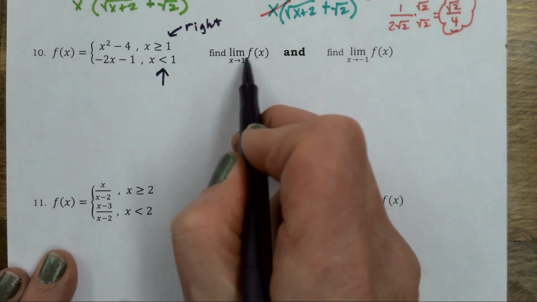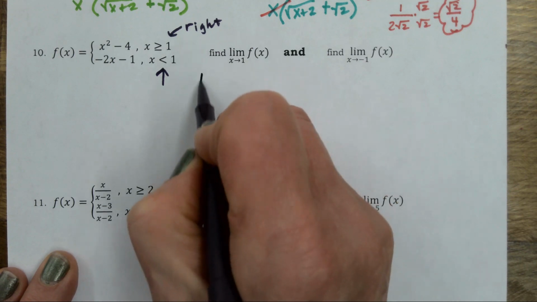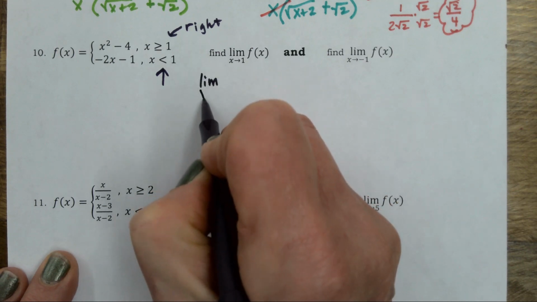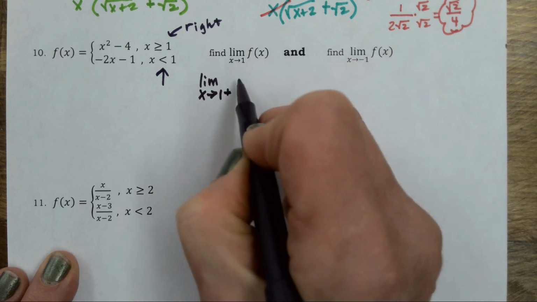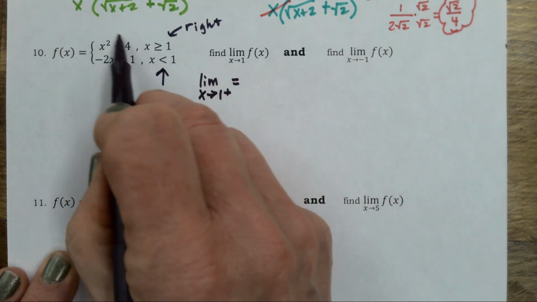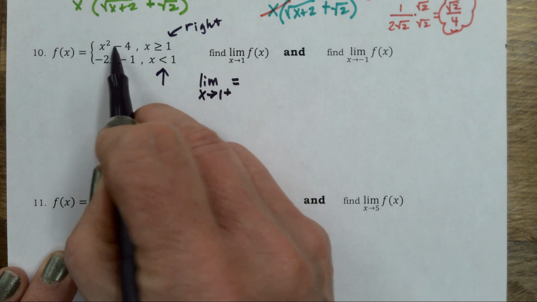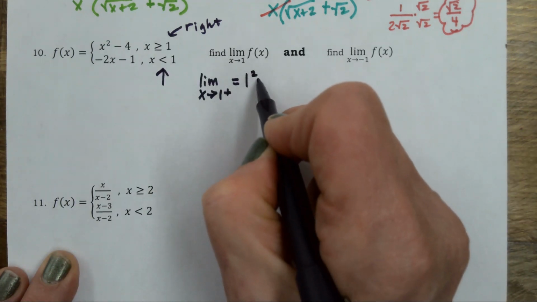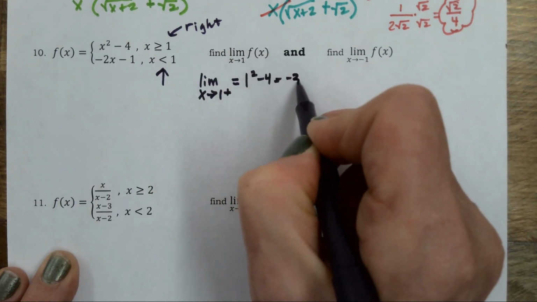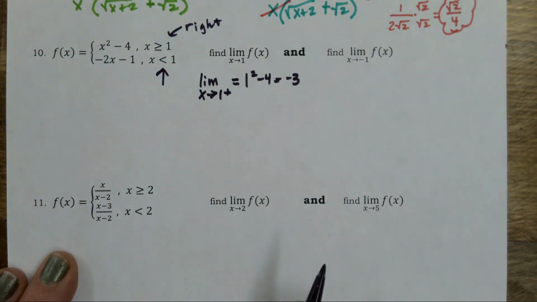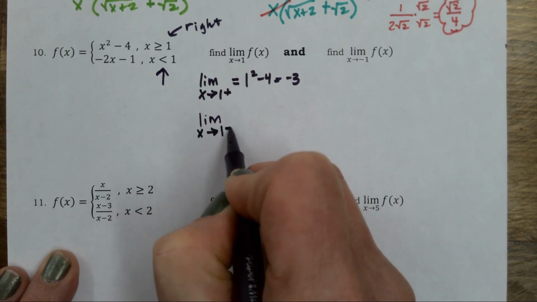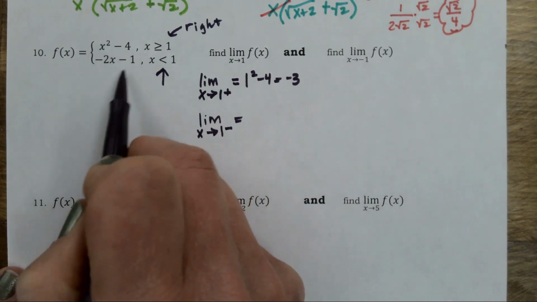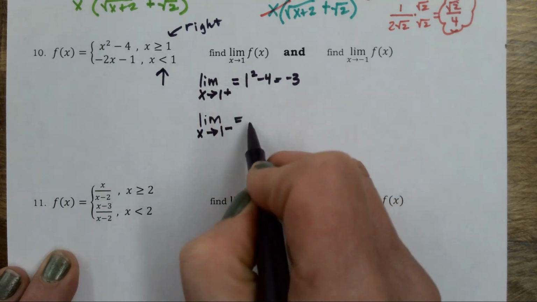If I am taking this limit, the limit as x approaches 1 from the right can be found by evaluating on the right side. And the limit as x approaches 1 from the left can be found by evaluating on the left-hand side.